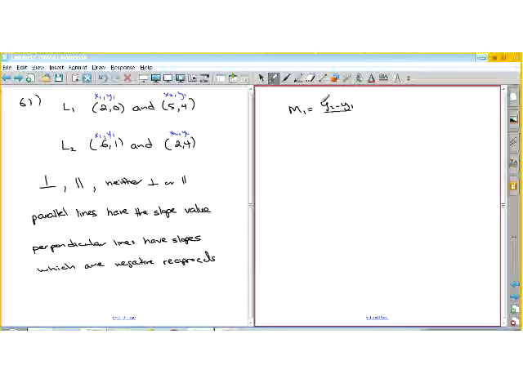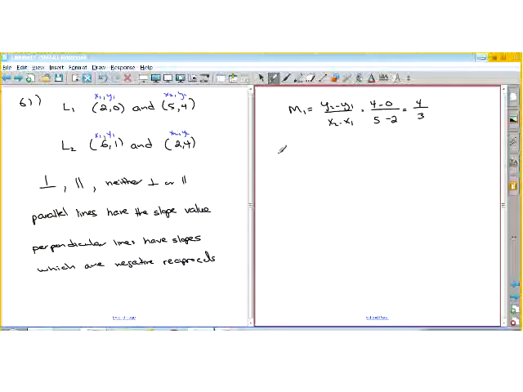So remember, slope is y2 minus y1 divided by x2 minus x1. So for line number 1, y2 is 4, y1 is 0, x2 is 5, x1 is 2. So we get 4 divided by 3, 4/3.